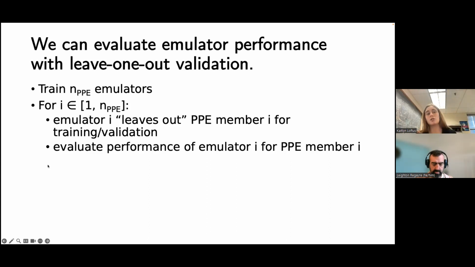Then for each member of the PPE, we train an emulator that does not include that PPE member for training and validation. Then we can evaluate the performance of that emulator on that excluded PPE member. We repeat this for all of the members of the PPE so we can characterize the performance of the emulator.